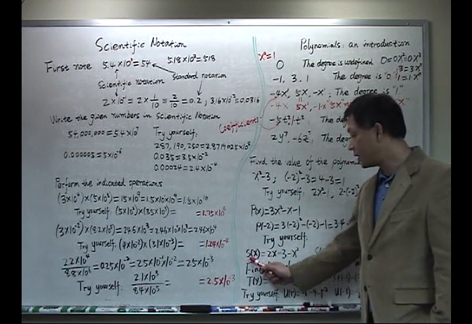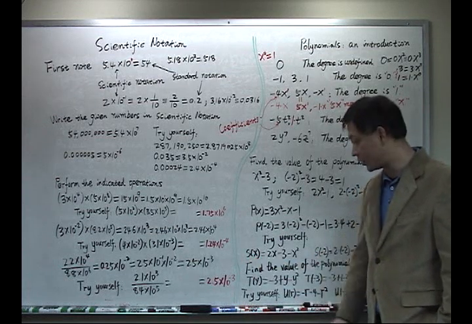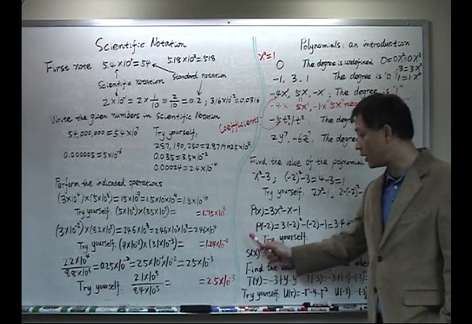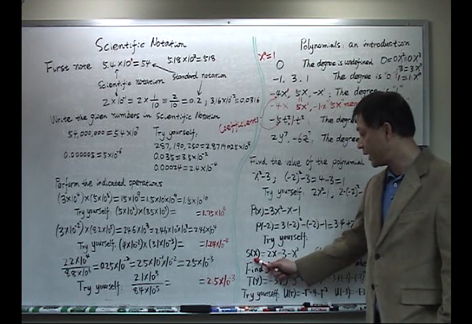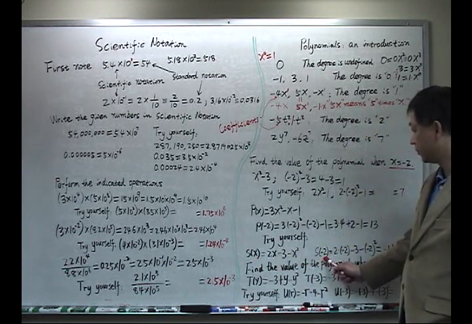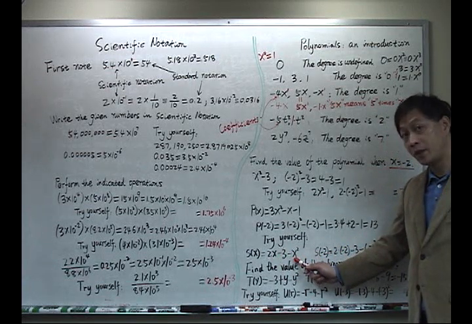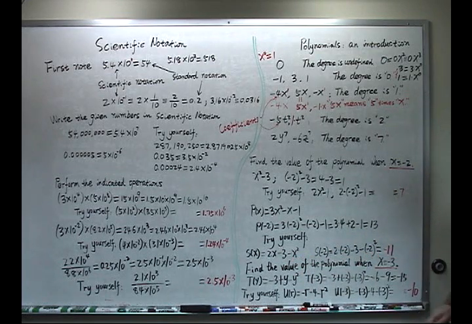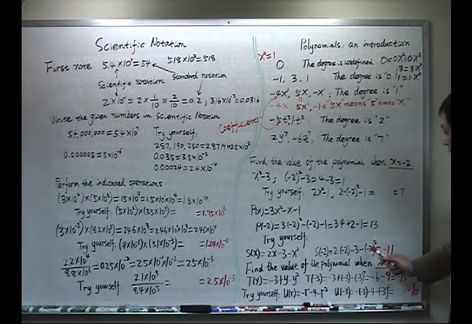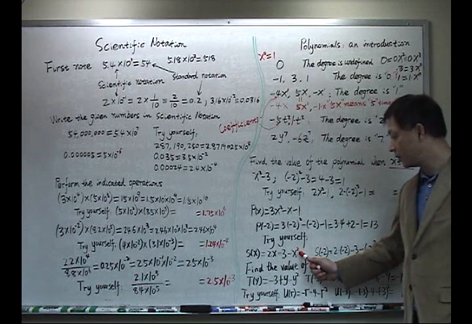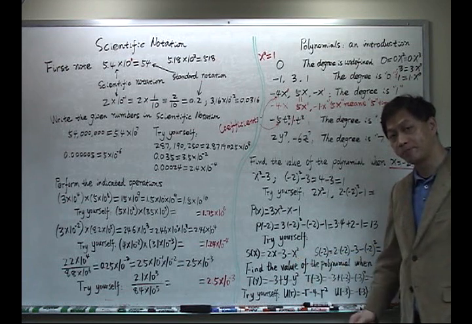S of x means S is a polynomial with variable x. It shows those two are different. Now, we replace x with negative 2. Here should be replaced with negative 2. Here should be replaced with negative 2. Don't forget, when you replace x with negative 2, you want to put parentheses there, because this is 2x squared, this 2x and the whole x.